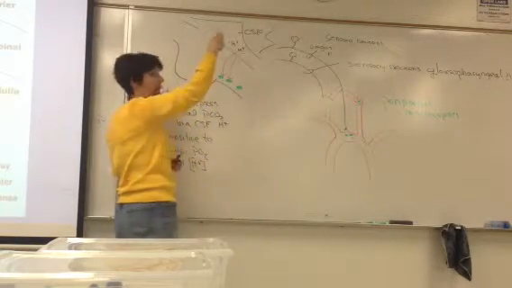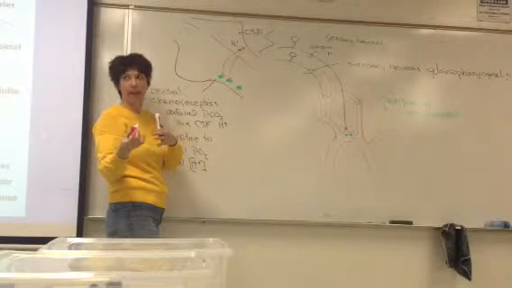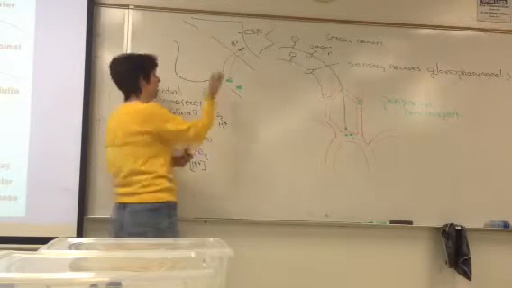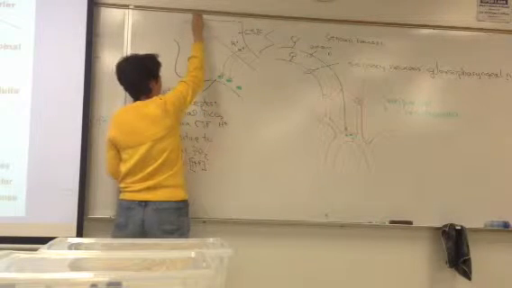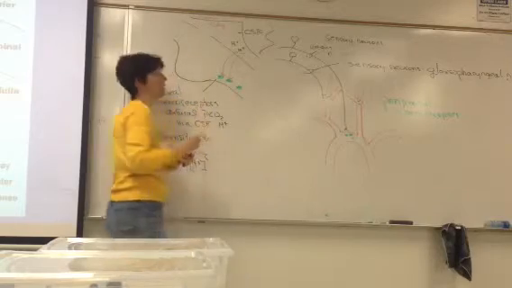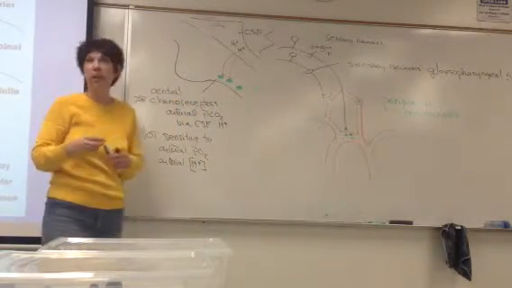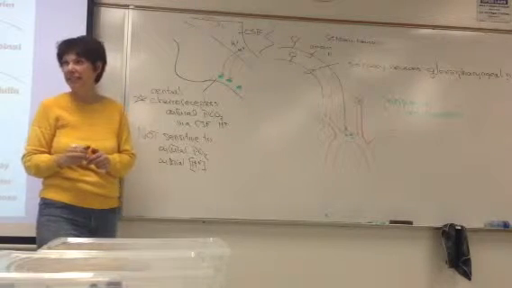So remember, we have choroid plexus that the CSF fluid comes from, ependymal cells and capillaries. So from the blood, CO2 will diffuse into the CSF, and those cells also make carbonic anhydrase.